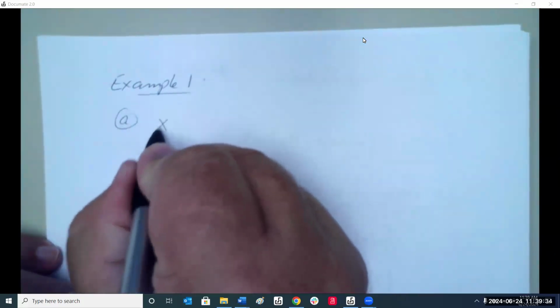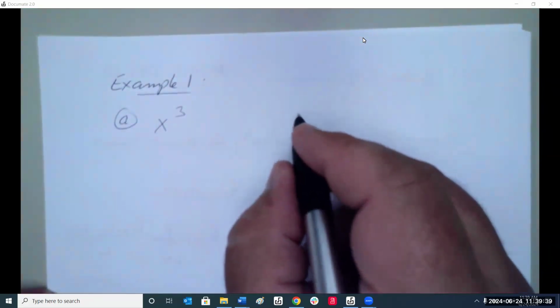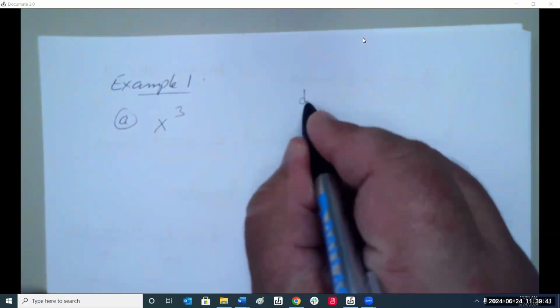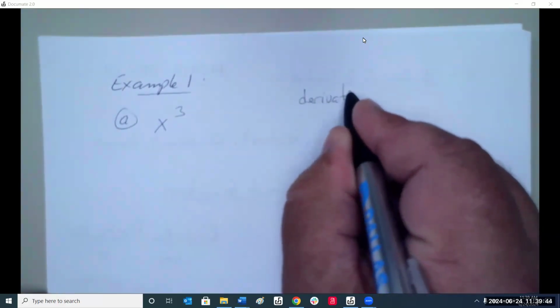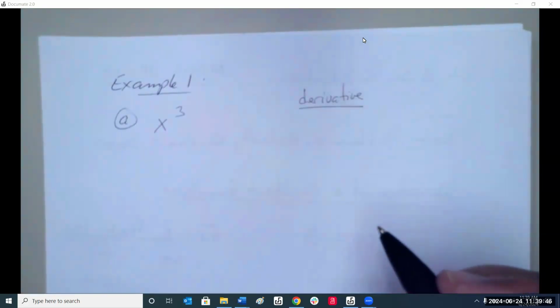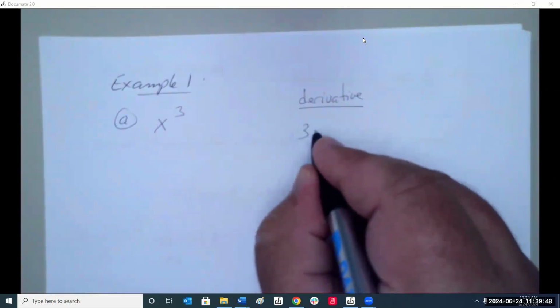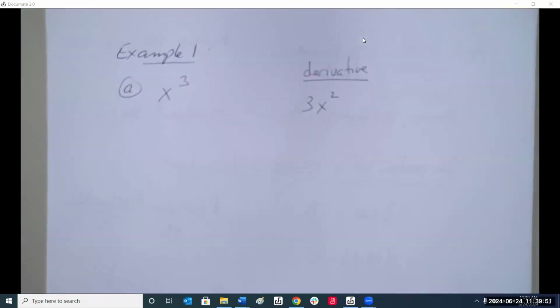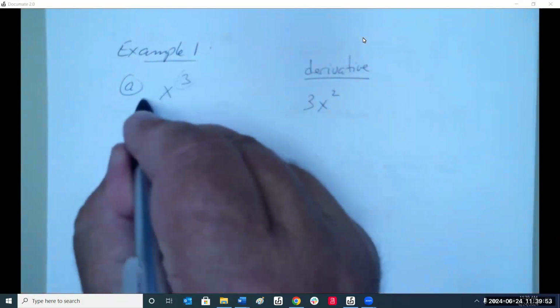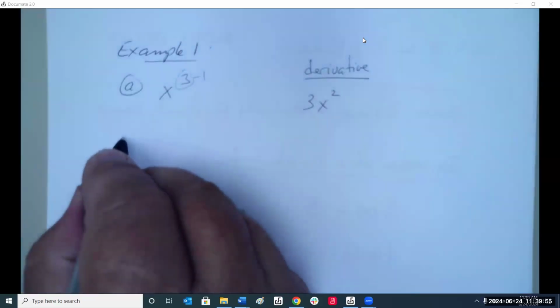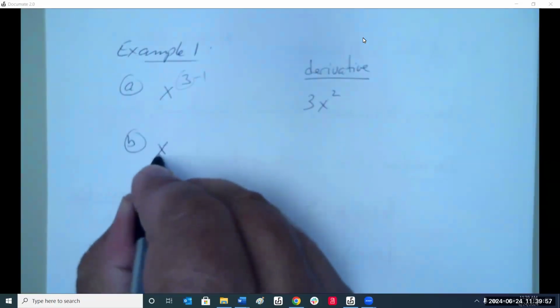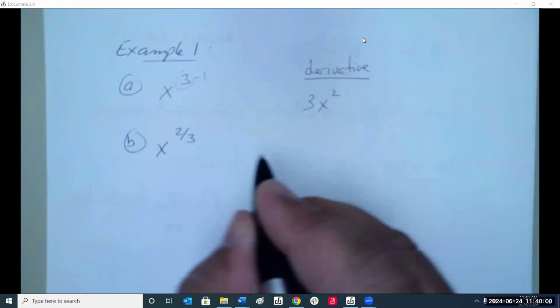Let's look at example 1. A is x to the power 3. What's the derivative? Three x squared. Yeah, because you bring the power down and subtract by 1. X to the power 2 over 3.